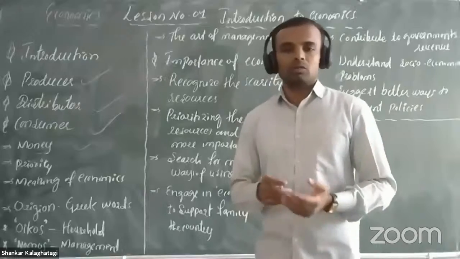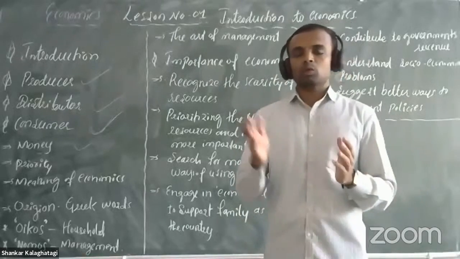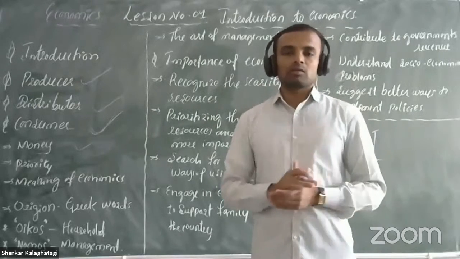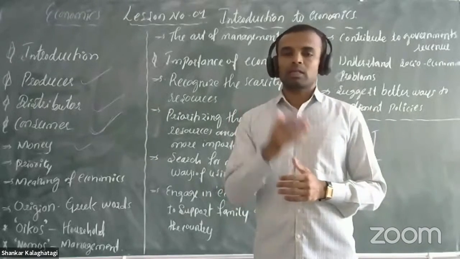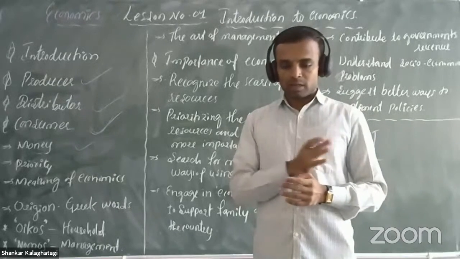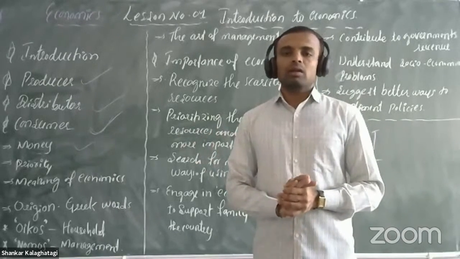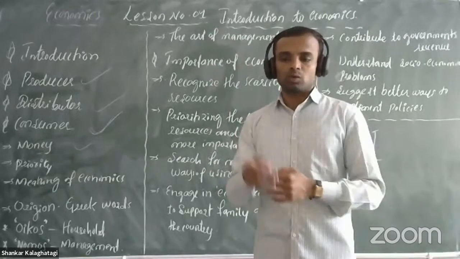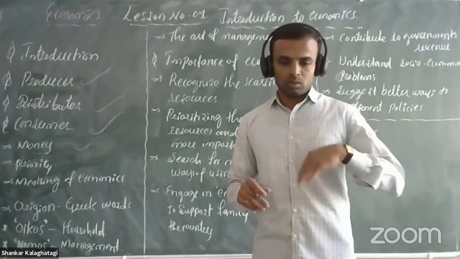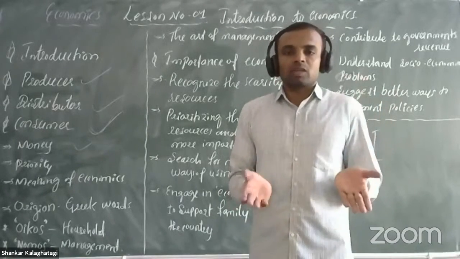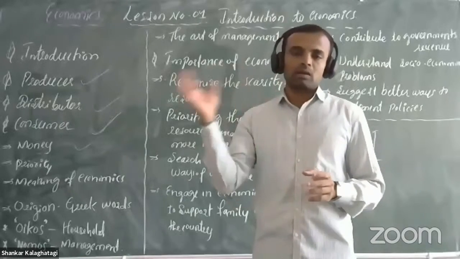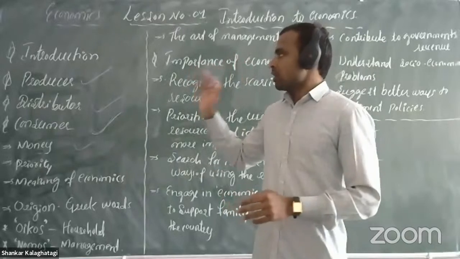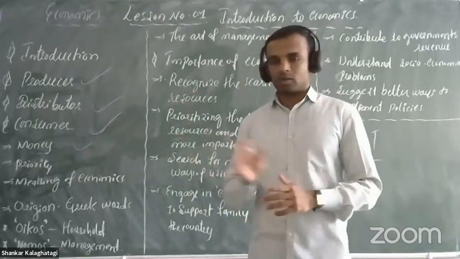Those who have huge wealth can purchase, but most will face the problem of scarcity of resources and money in these economic activities. To fulfill them, we may approach other people who will lend money, or we will engage in an activity which helps us earn money to fulfill our desires. This is all about producer, distributor, and consumers.